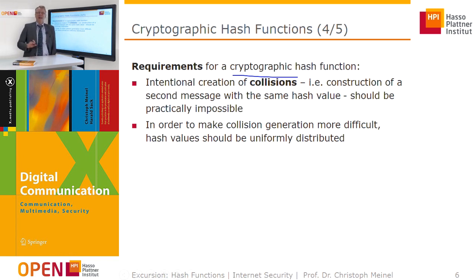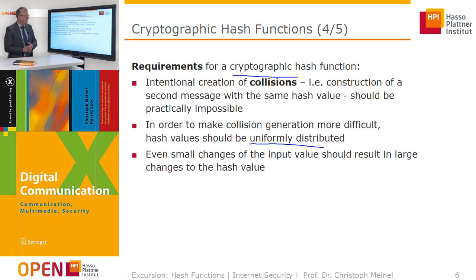And in order to make it difficult to produce such collisions, a requirement for the cryptographic hash function is that they should be uniformly distributed. Another requirement is that even small changes of the input value should result in large changes in the hash value.